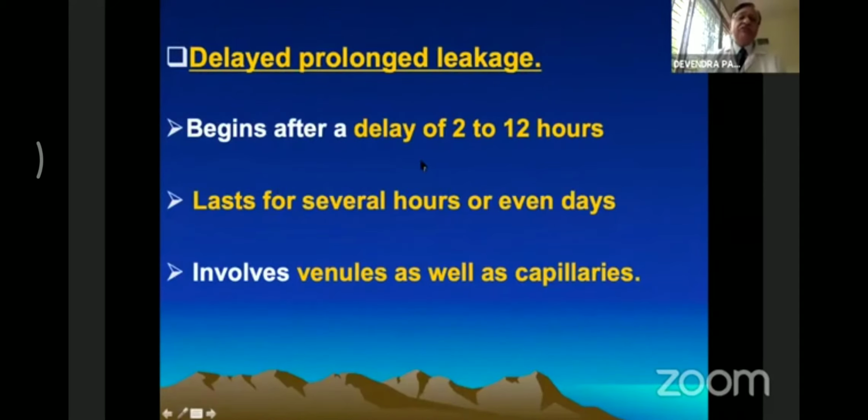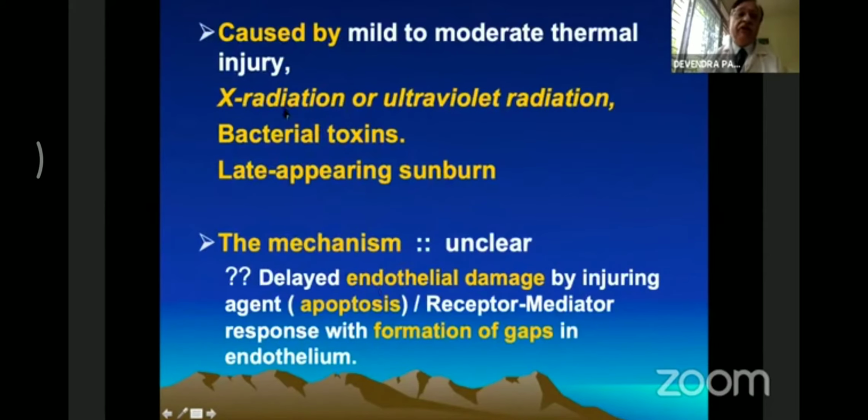Next is delayed prolonged leakage. As the name suggests, it starts 2 to 12 hours later, delayed, isn't it? It lasts for several hours and involves both venules and capillaries. When does it occur? With X-ray radiation, ultraviolet radiation, sometimes bacterial toxins, and late-appearing sunburns.